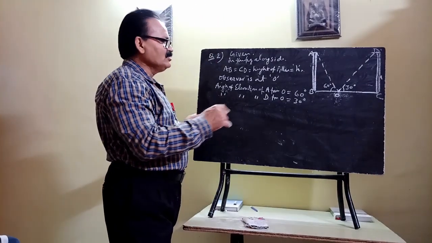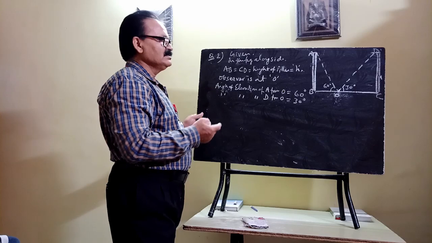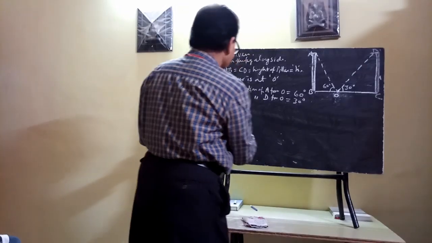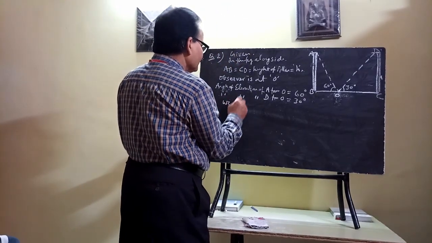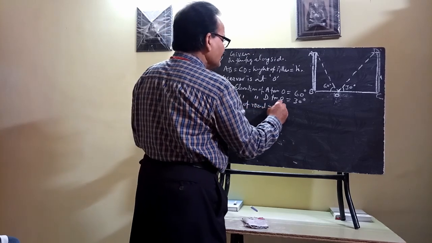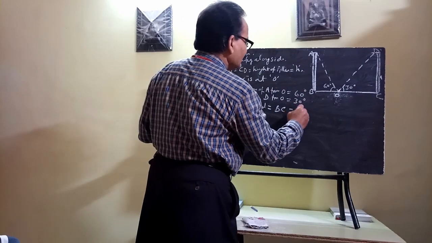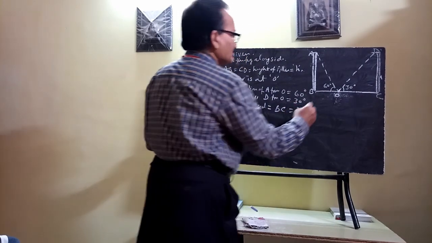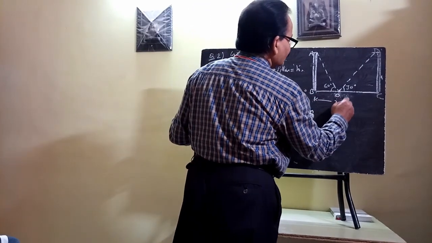Clear? Now you have to find out the width of road. Width of road, that is your BC, equal to 20 meter. This much is also given. This is your 20 meter.